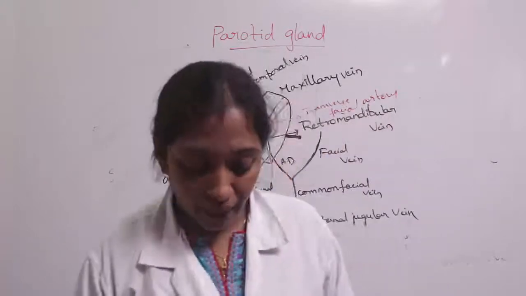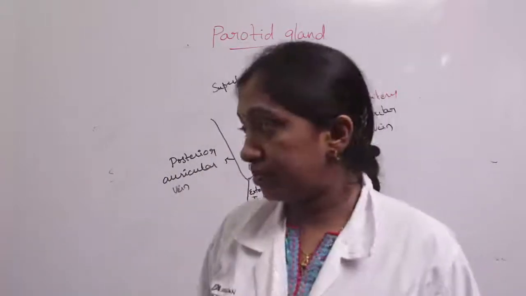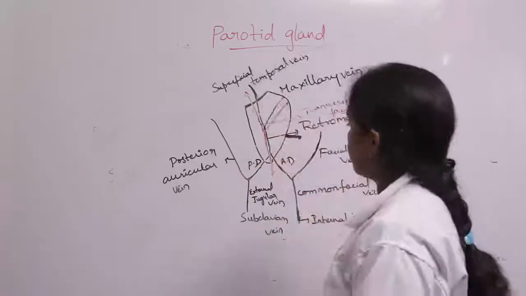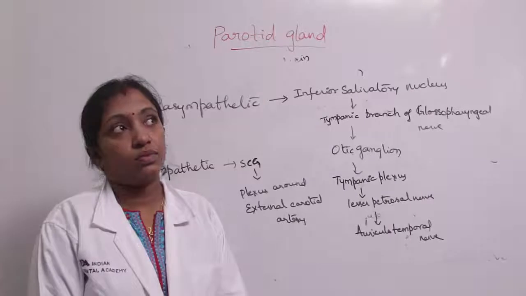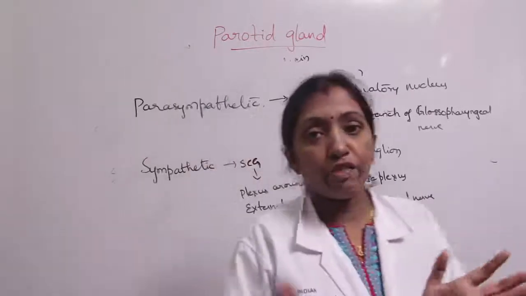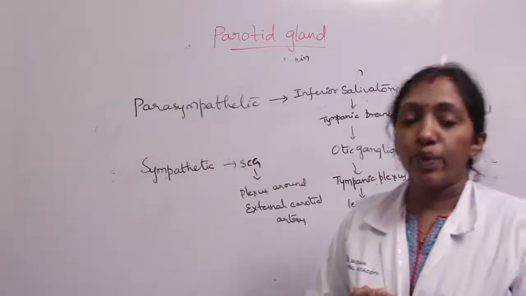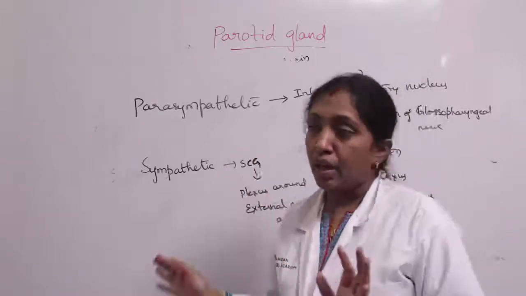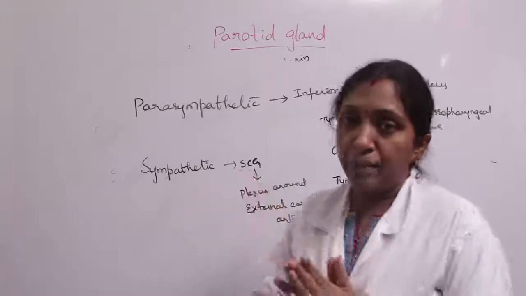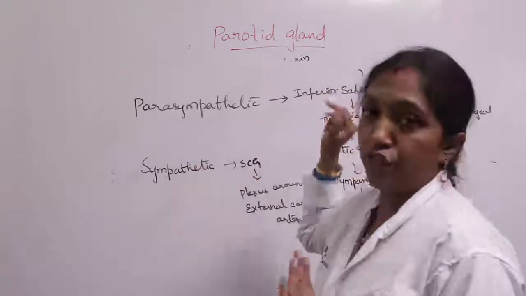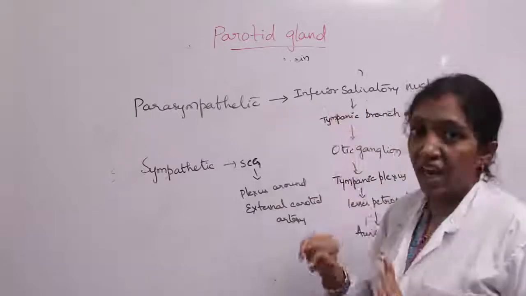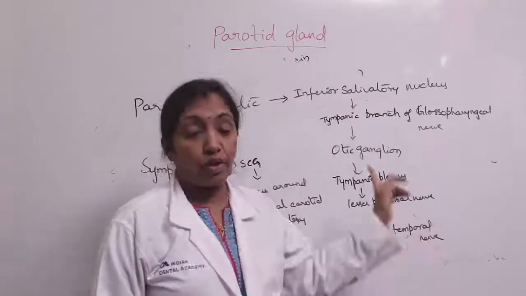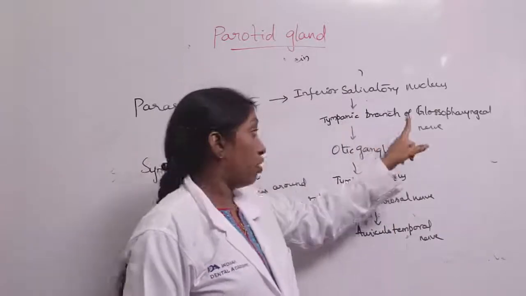And coming to the nerve supply of the gland. The secretomotor innervation of the gland is by both sympathetic and parasympathetic nerves. The preganglionic parasympathetic fibers arise from the inferior salivatory nucleus of the medulla, and then reach the tympanic branch of the glossopharyngeal nerve.